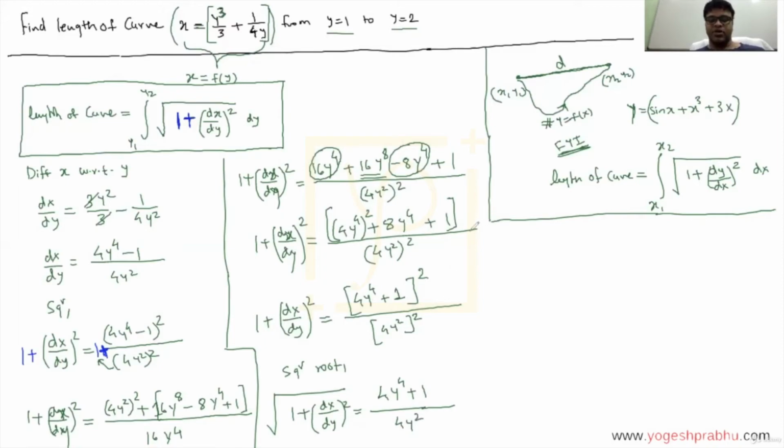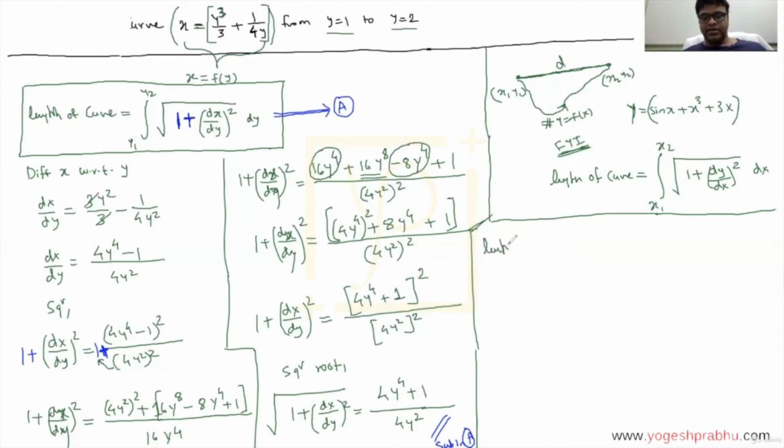Fair enough? So when we have simplified and found this value, let this expression be a, okay? And then we will substitute in a. So if we substitute the values back in a, what do we get?